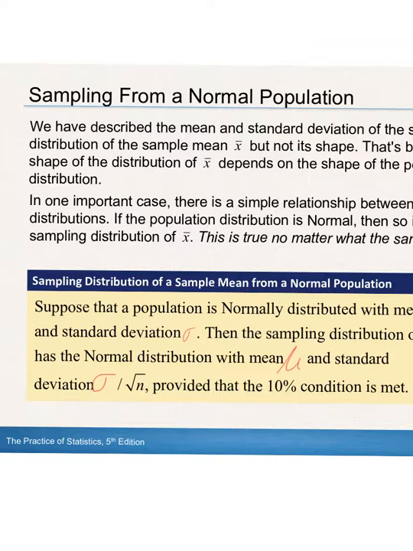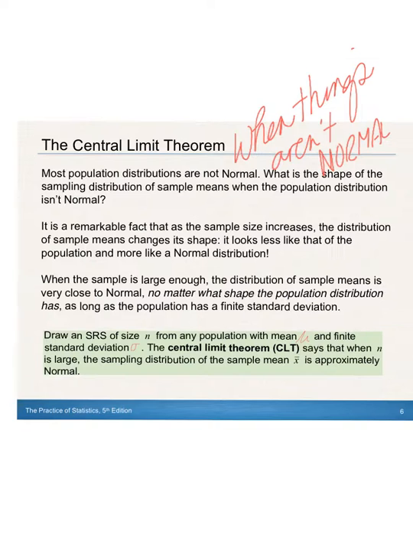If we're sampling from a normal population, then everything we can assume about a normal population, we can also assume about that sampling distribution. So if the population is normally distributed with a mean and a standard deviation of mu and sigma, then the sampling distribution will have those exact same things, except the standard deviation has to be divided by the square root of n, once again, providing that the 10% condition is met.